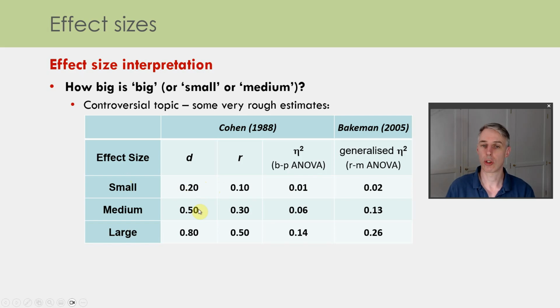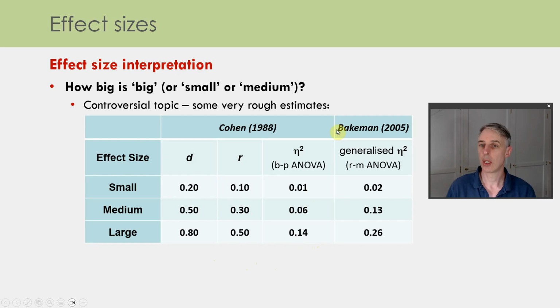In between 0.2 and 0.5 is medium. 0.5 to 0.8 is large, and above 0.8 then your effect is large or larger. Similarly, an r of 0.1, 0.3 and 0.5 correspond to those cutoffs, and an eta squared of 0.01, 0.06 and 0.14 respectively correspond to small, medium and large effect cutoffs.